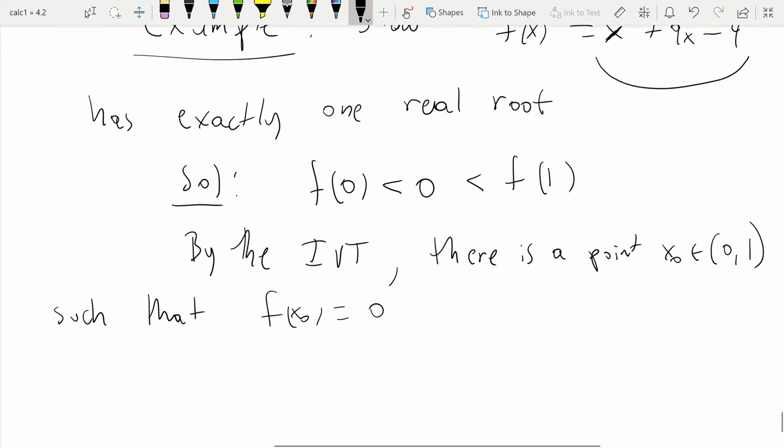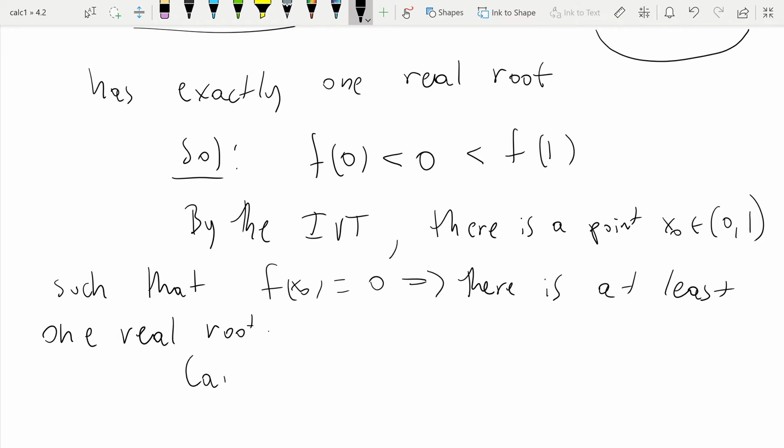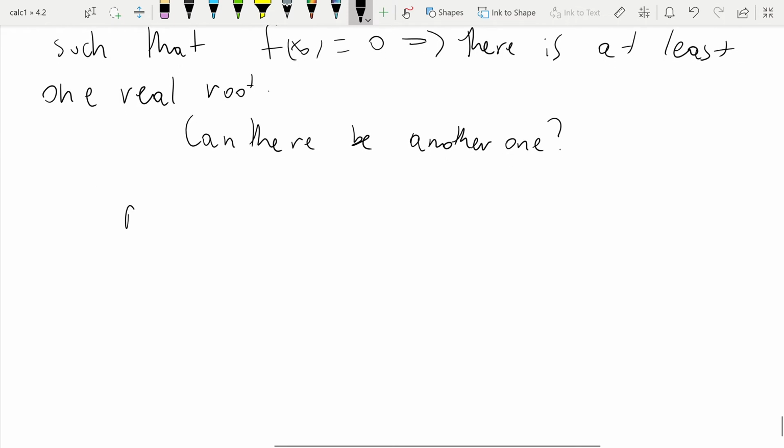So there's at least one real root. Can there be another one? The answer is no.